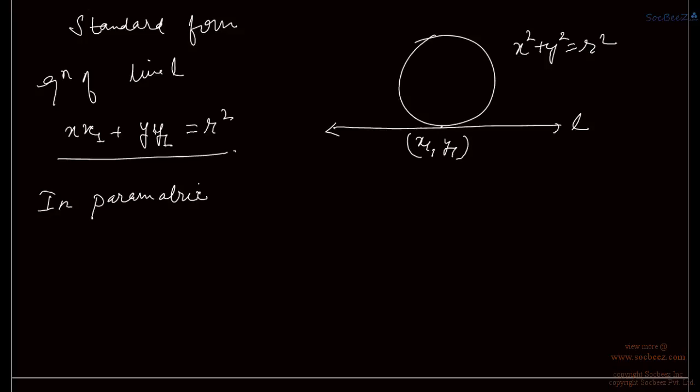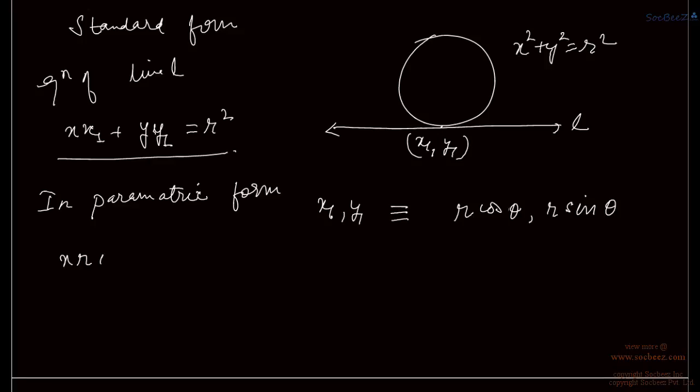In parametric form, x1 y1 can be written as r cos theta, r sin theta.